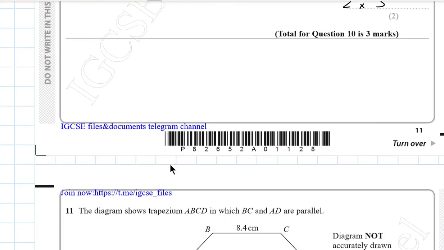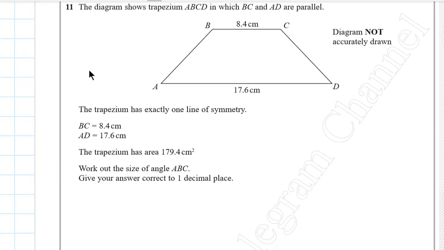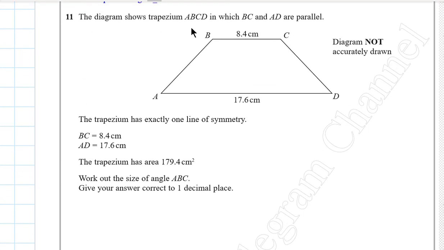The next question, 11. The diagram shows trapezium ABCD in which BC and AD are parallel. The trapezium has exactly one line of symmetry. It's very important information. How can we use this information before completing the question, please?